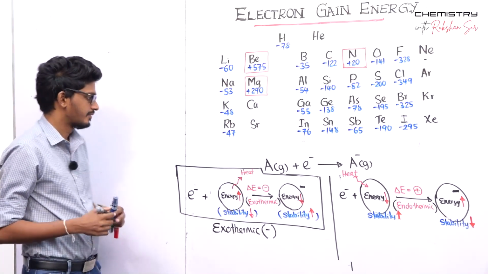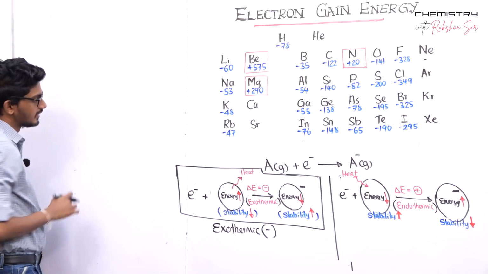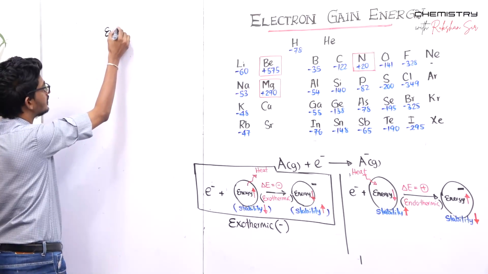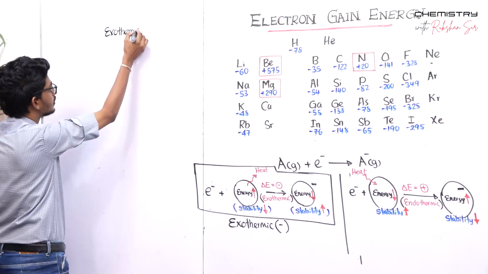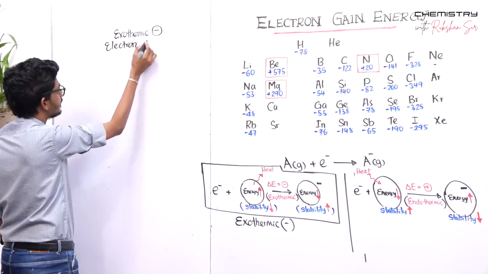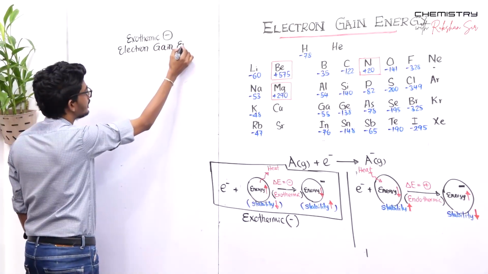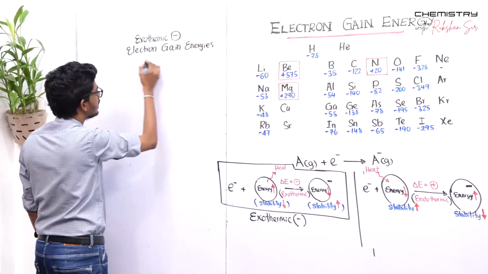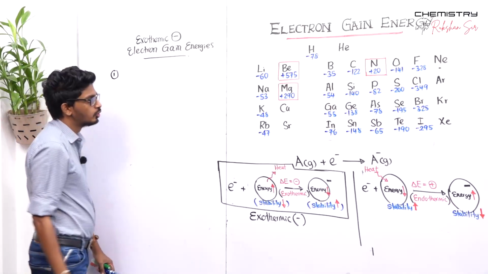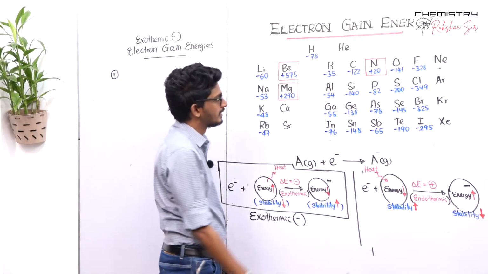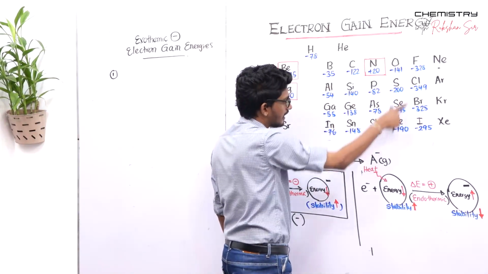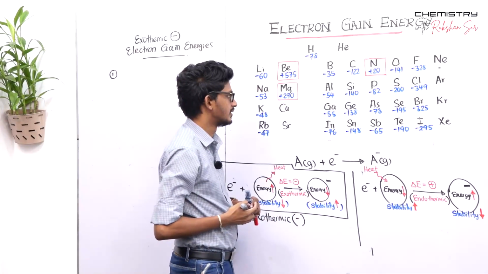The first thing you observe with the exothermic electron gains is actually group 17s. See, group 17s are the ones with the greatest values for exothermic situations.